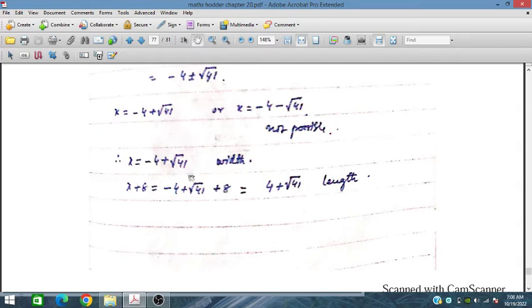So we add 8 with this x. Width was initially assumed as x, and the length was x plus 8. So this is the length and this is the width. So this was the solution.